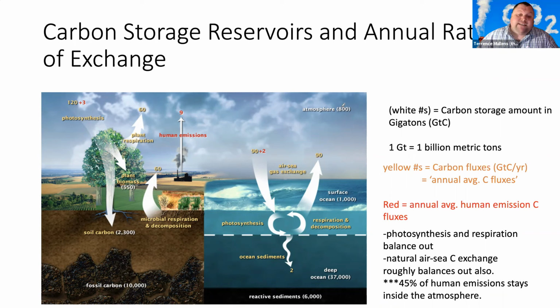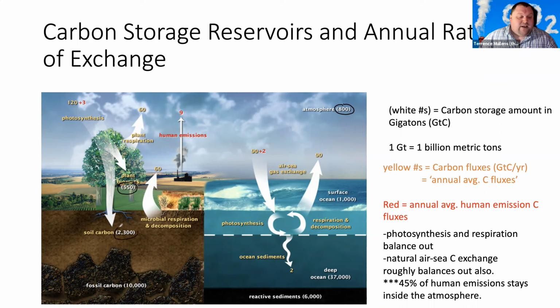So our atmosphere has approximately 800 gigatons of carbon in it. That has actually gone up over time because of additional fossil fuel burning and additional carbon emissions. Biomass, plant life, has about 550 gigatons of carbon in it.